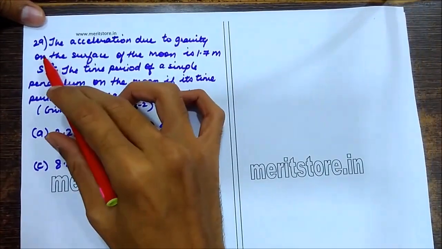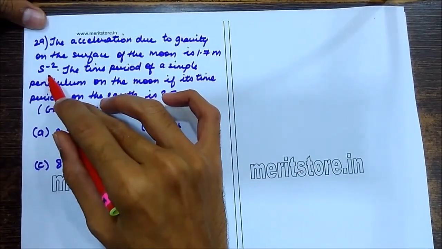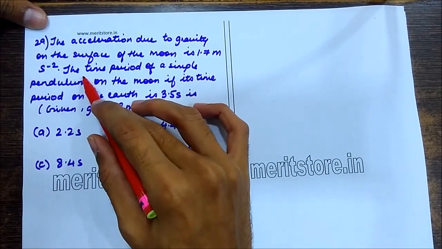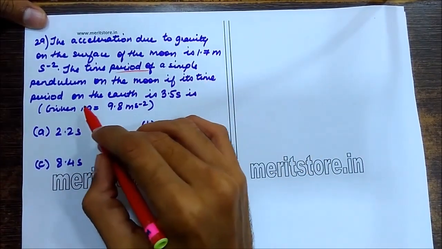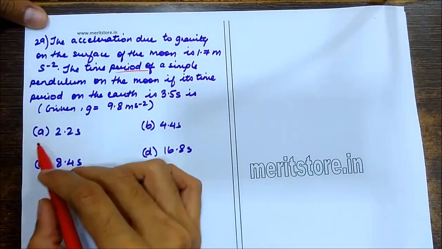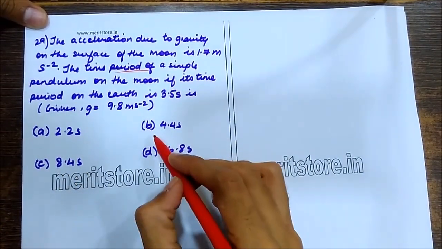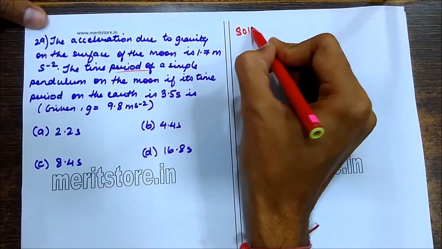Question number 29. The acceleration due to gravity on the surface of the moon is 1.7 meters per second square. What is the time period of the simple pendulum on the moon if its time period on the earth is 3.5 seconds, given g is equal to 9.8? The options are A, 2.2 seconds; B, 4.4 seconds; C, 8.4 seconds; D, 16.8 seconds.